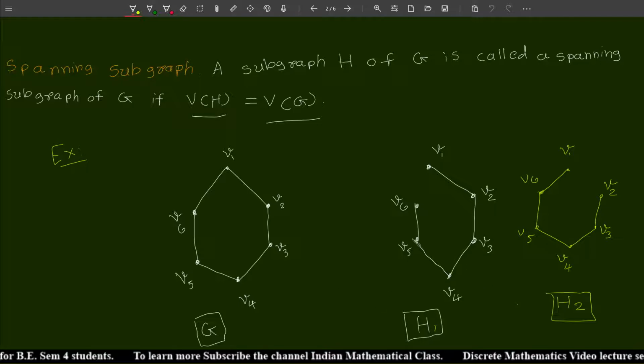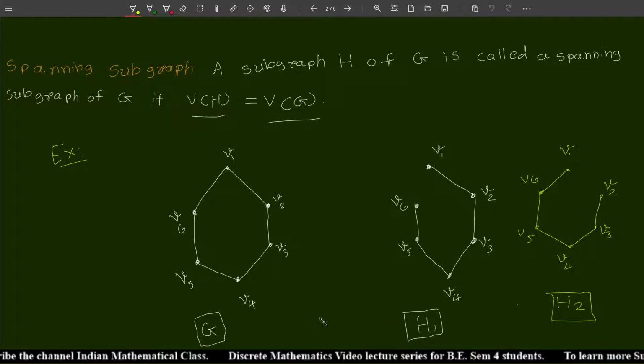Here H1 and H2 are both subgraphs of G. Now observe that the subgraph H1 has the vertex set with the elements V1, V2, V3, V4, V5 and V6, which is the same as the vertex set of the graph G. So I can say that H1 is a spanning subgraph of G.